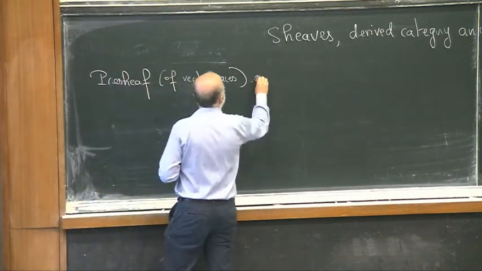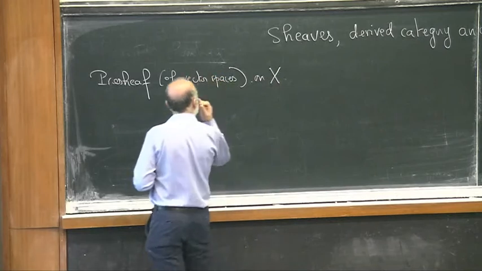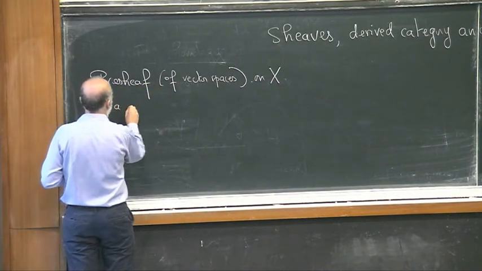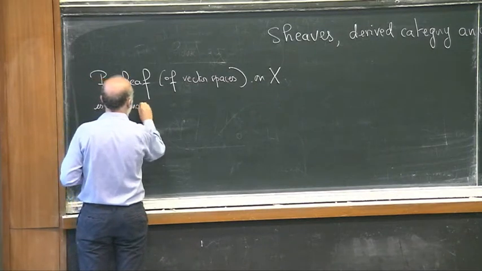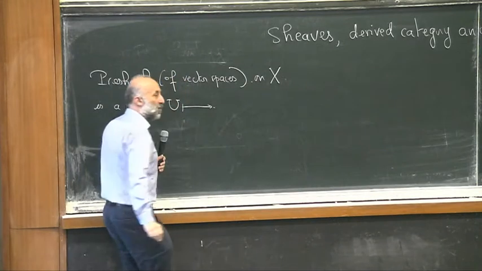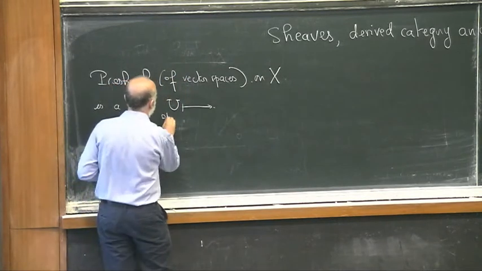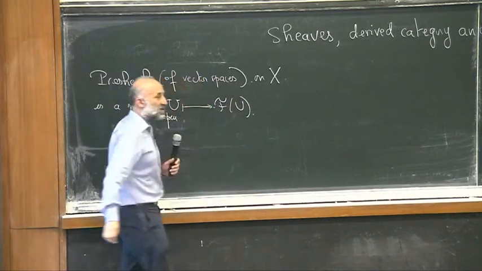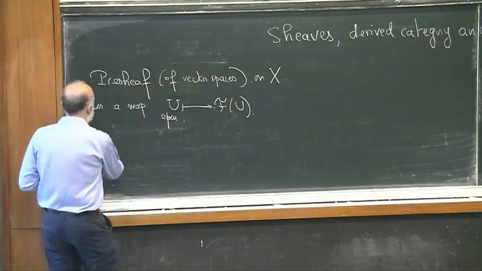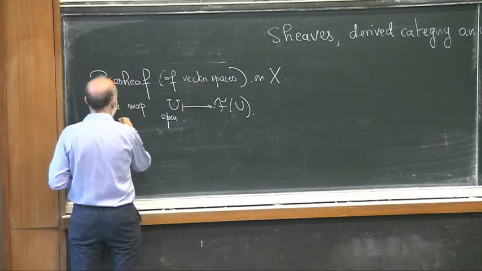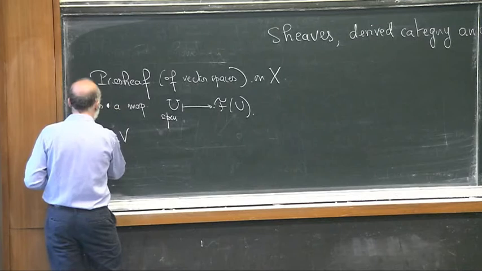So this is on a space, topological space X. This is just a map which to each open set U associates a vector space F of U. And now if U is contained in V, so there's the map here.